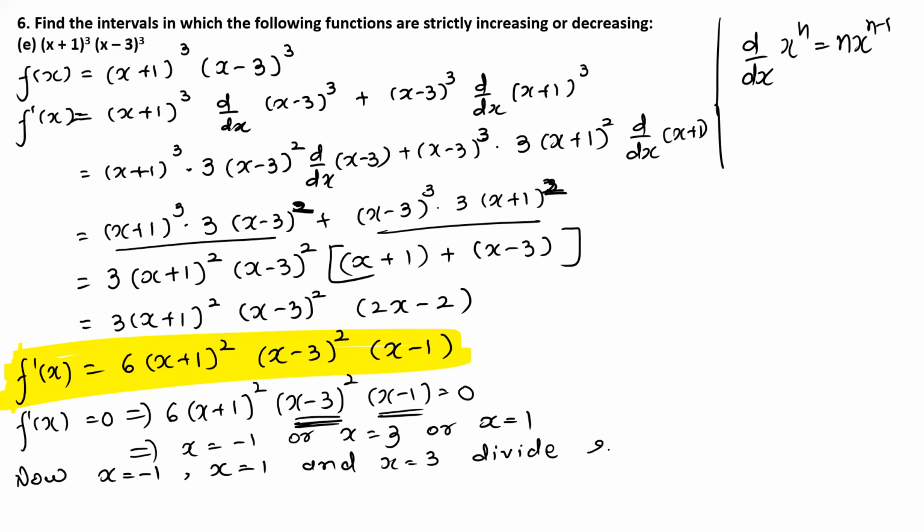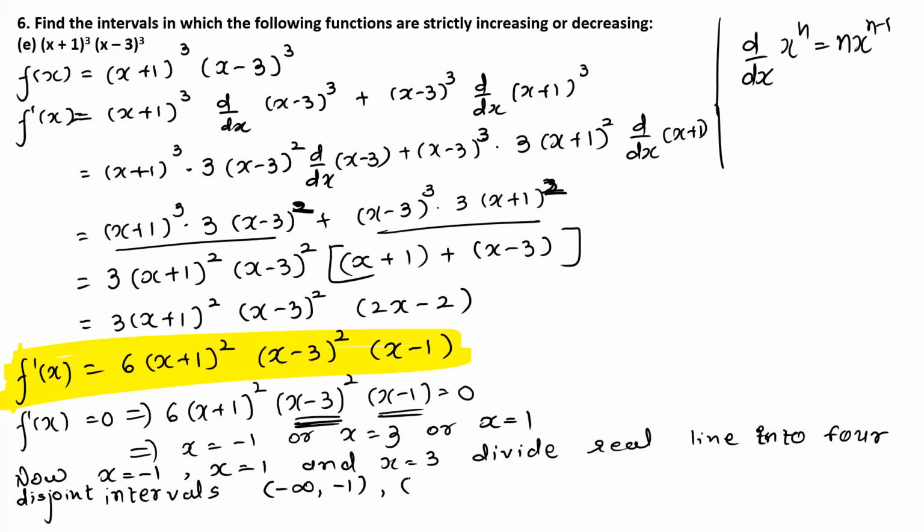Divide the real line into 4 disjoint intervals. Which ones? Minus infinity to minus 1, minus 1 to 1, 1 to 3, and 3 to infinity.